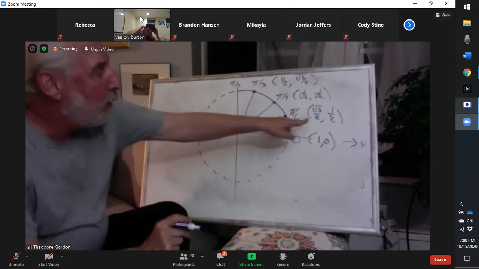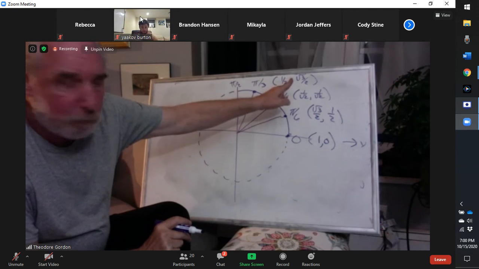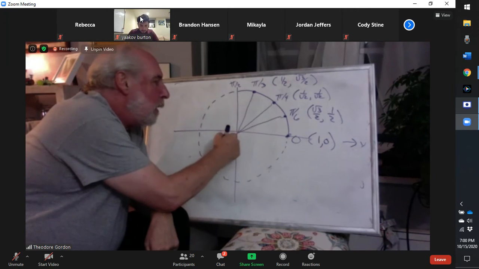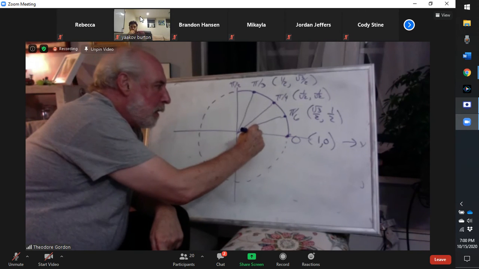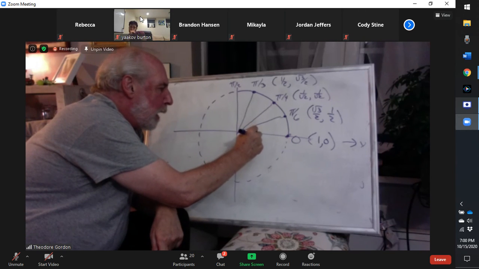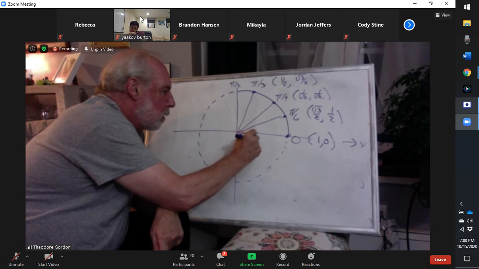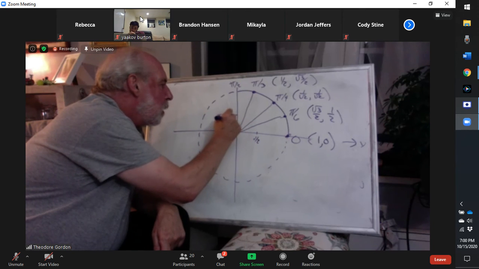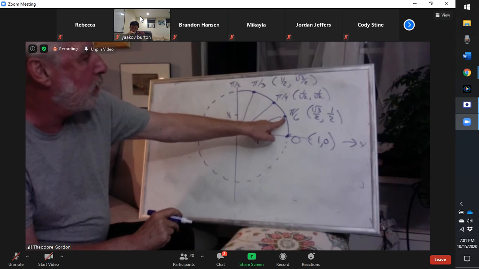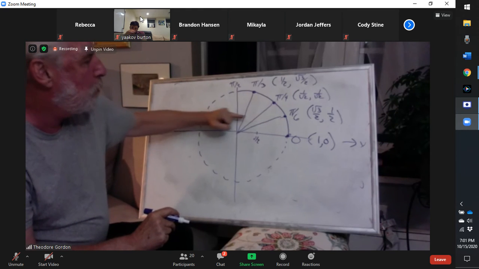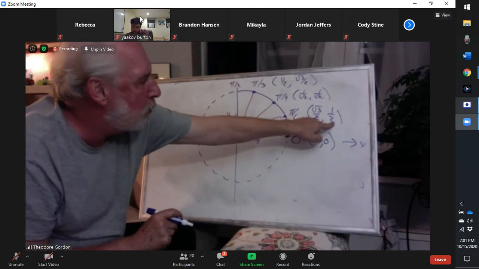So here's how I remember how these numbers go. Right here, this is x equals 1. So right here is x equals 1/2. And over here, this is y equals 1/2. So for pi over 6, you're up to this point right here, so the y value is 1/2.